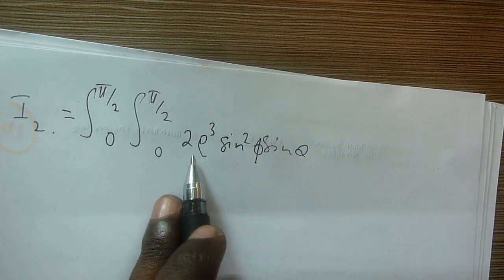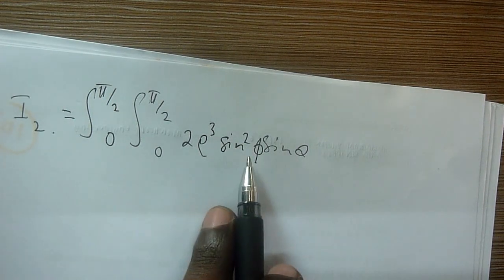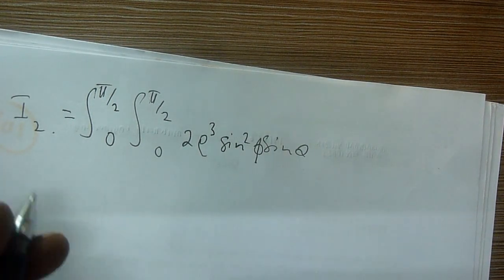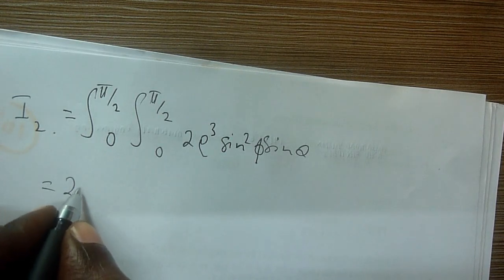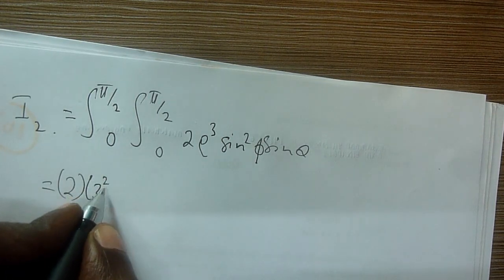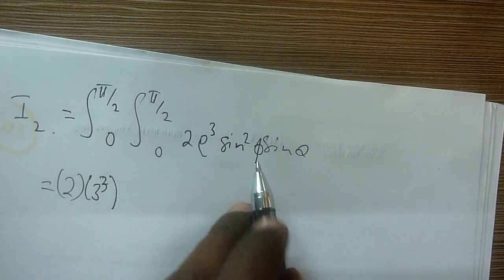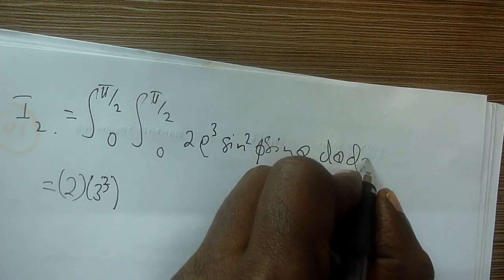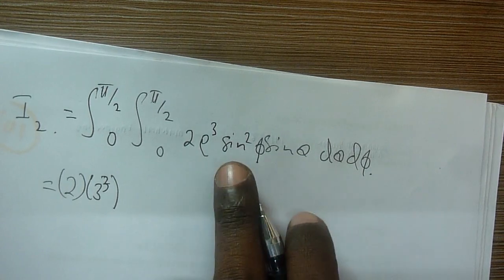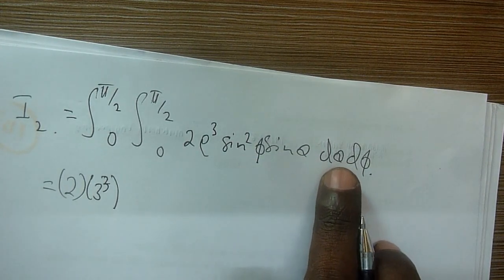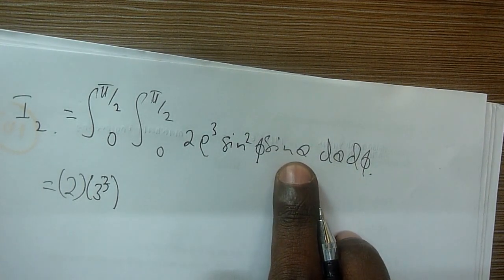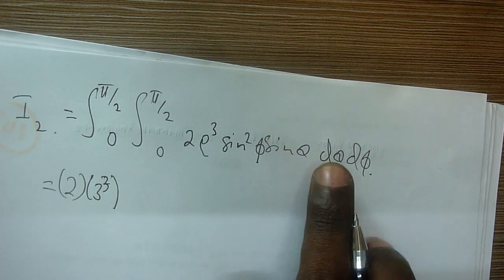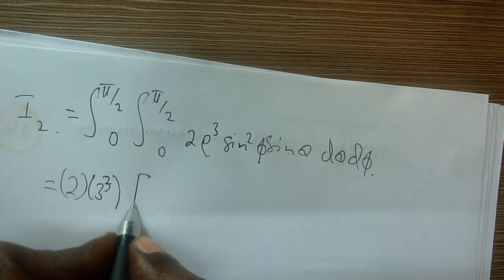The 2 is not going to contribute here anyway. 3 to the power 3. I think you can do this straight away. You need not split that, you can convert d theta straight away. I think this shouldn't be a problem.